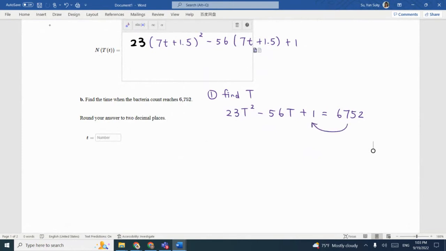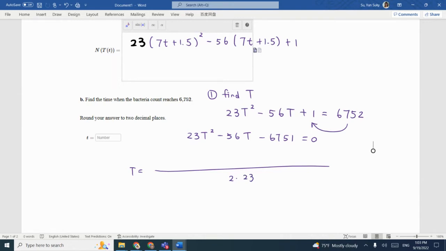We move all the terms to the left-hand side. So 23T squared minus 56T minus what? 6751? Yes, because 1 subtracted from that is this. Okay, good. I guess we cannot factor it. The number is so ugly, right? So let's use the quadratic formula. So T is what? 2A at the bottom, A is 23.